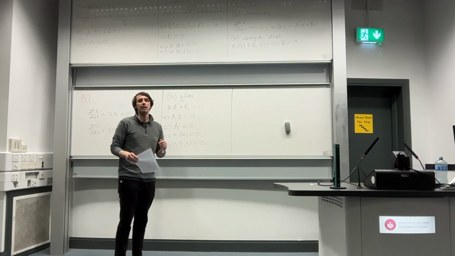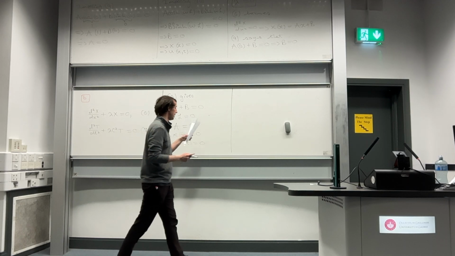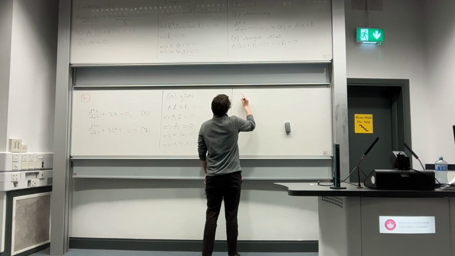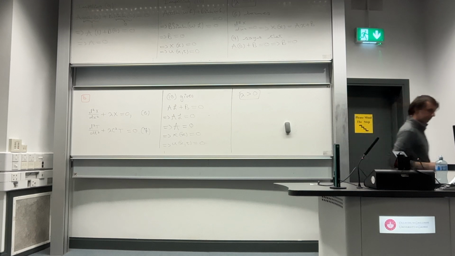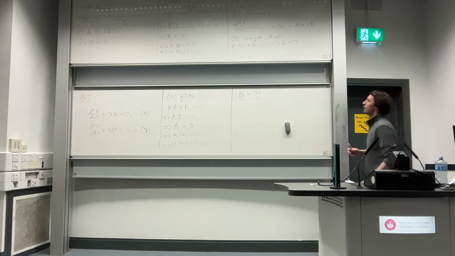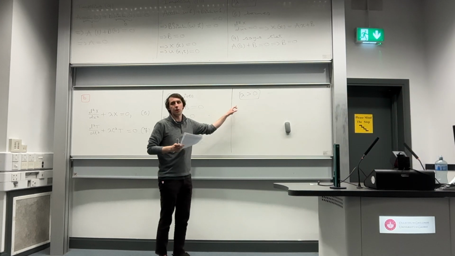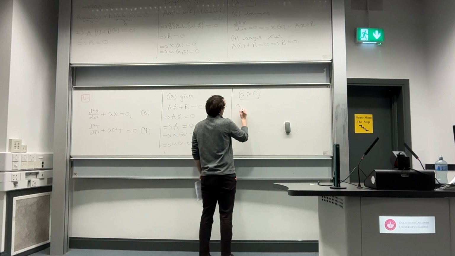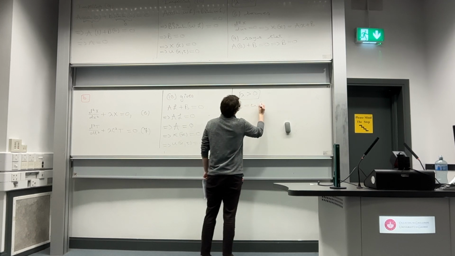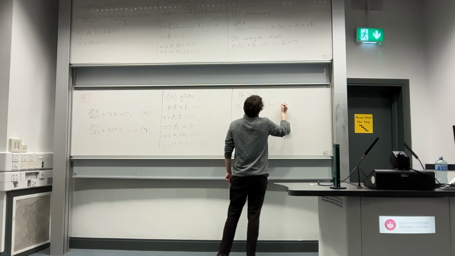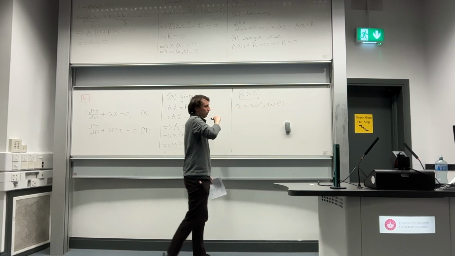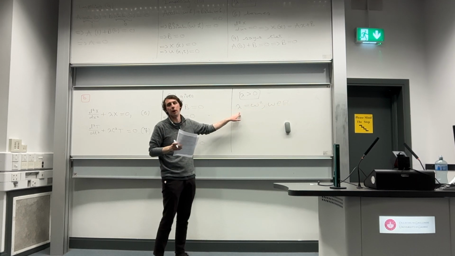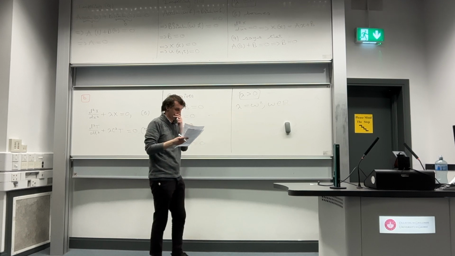Now the final case we have to analyze is lambda greater than 0. For lambda greater than 0, we can write lambda as omega squared, where omega is just some real number, because any positive number can be written as some real number squared.